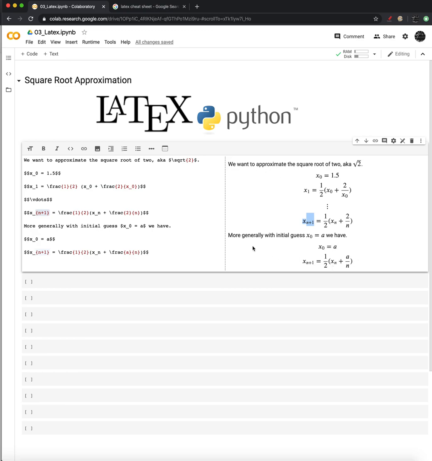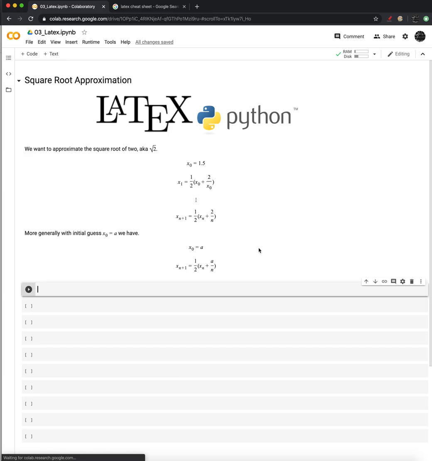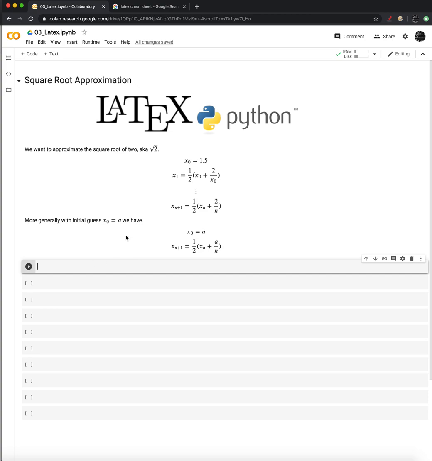Now the next thing that we want to do is actually compute some of these values. So if we move into a code cell, as opposed to this, which was a text cell, you can see if you hold your mouse over the bottom of a cell, you'll have the option to either add a code or a text cell. This was a text cell. This is now a code cell.